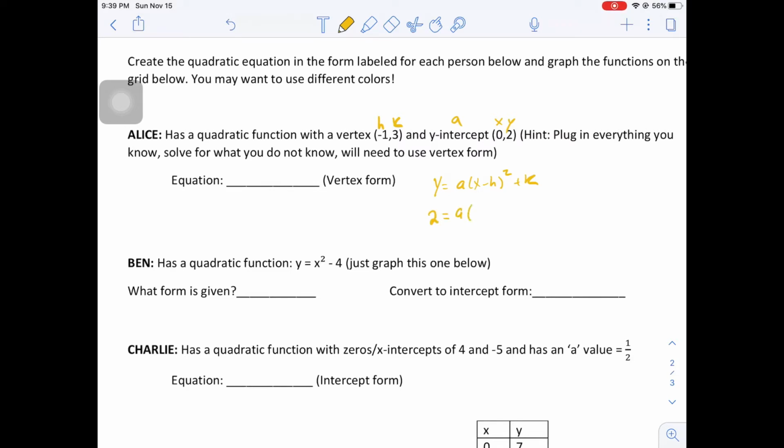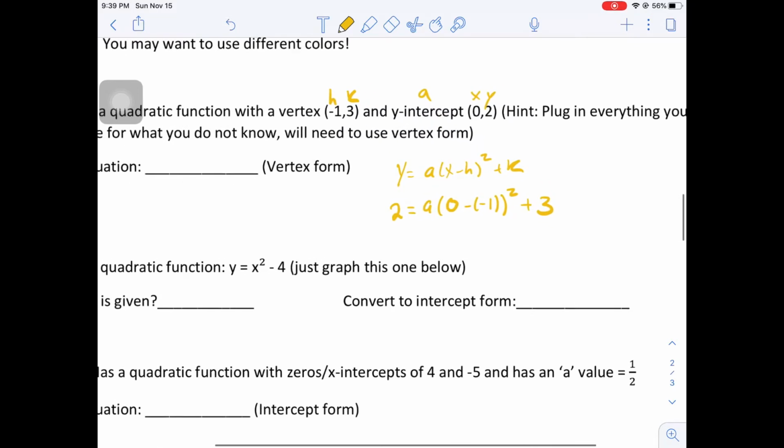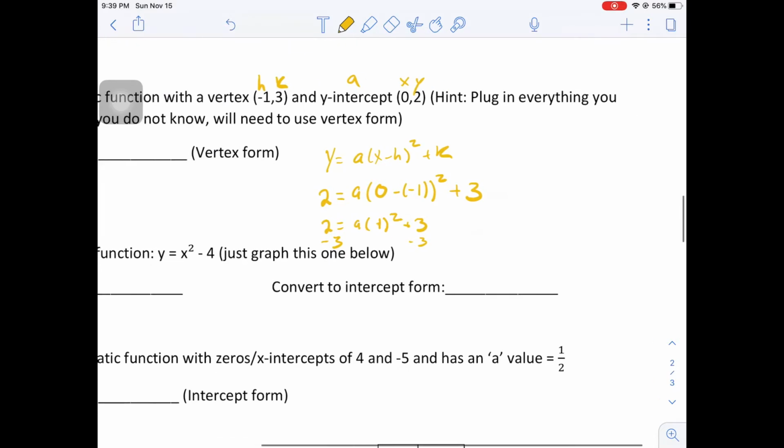We also know an x and a y, so let's just plug in everything. So our y value is 2 is equal to a, our x value is 0 minus h, which would be minus -1 squared, plus our k is 3. So now we can actually solve for a. So 2 is equal to a times +1 squared plus 3. So we could subtract 3.